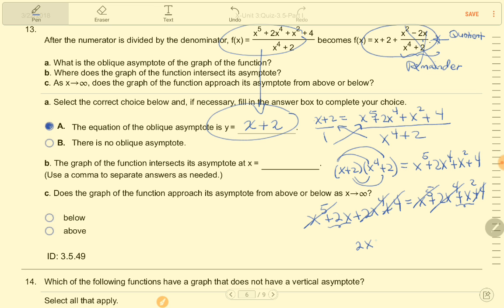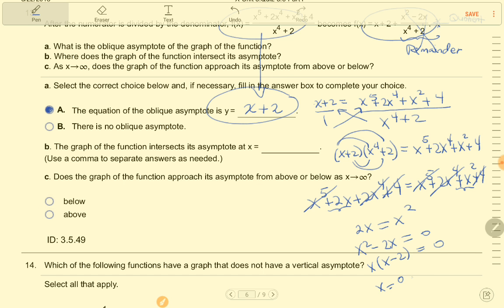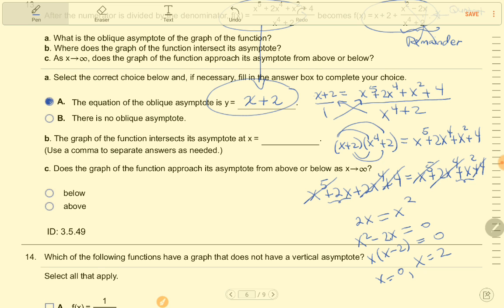So 2x equals x squared. Let's set that equal to 0. We have x squared minus 2x equals 0. Factor that and set each factor to 0. We get these two places.